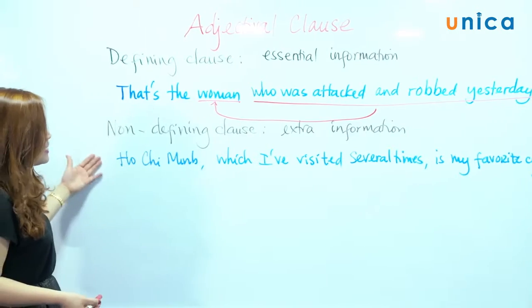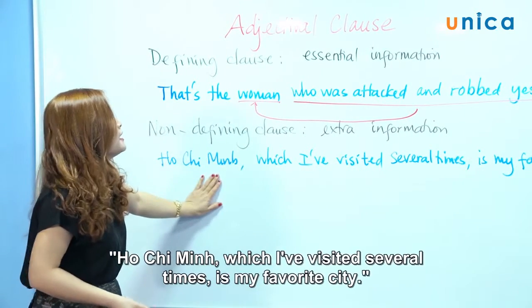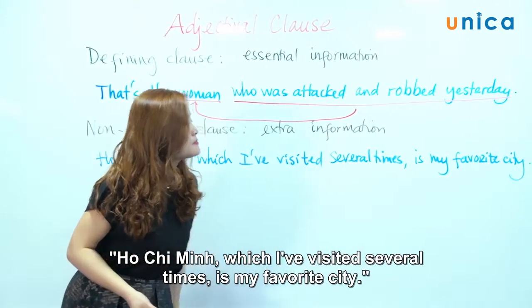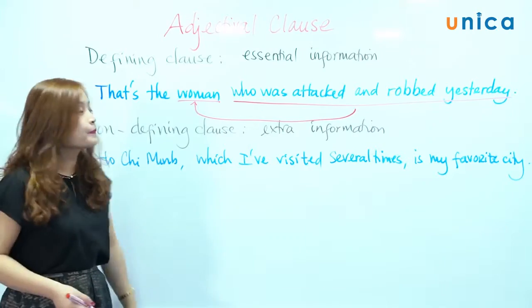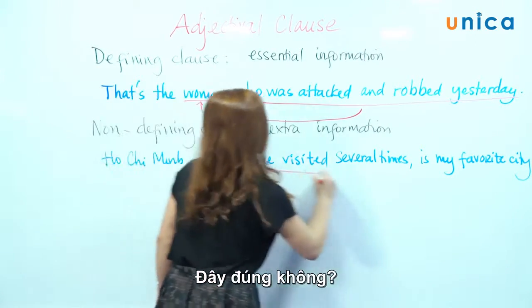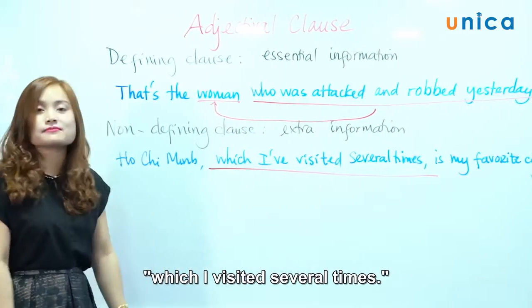So let's see my example here. Ho Chi Minh City, which I visited several times, is my favorite city. Where is my adjectival clause? Here it is. Right, which I visited several times.